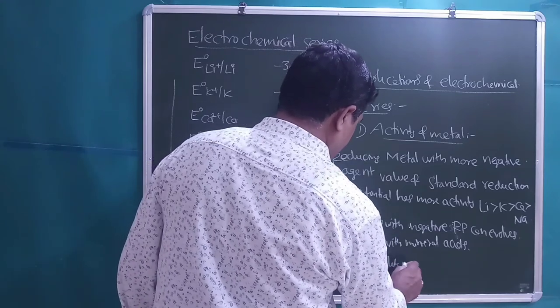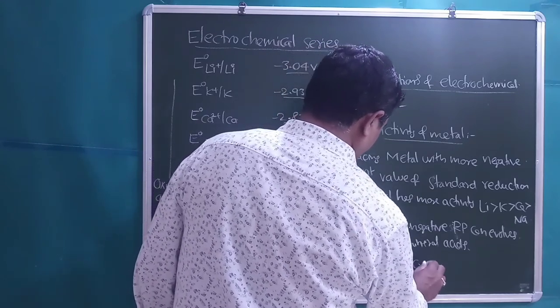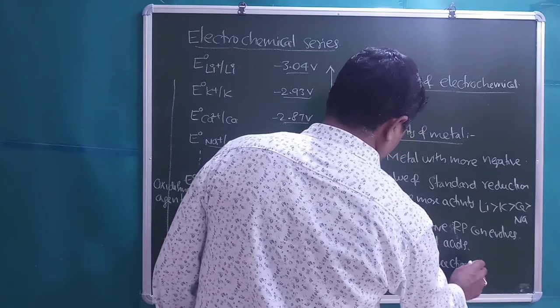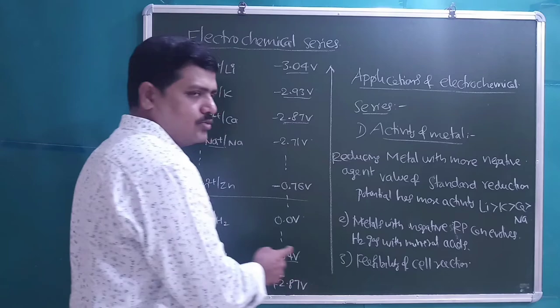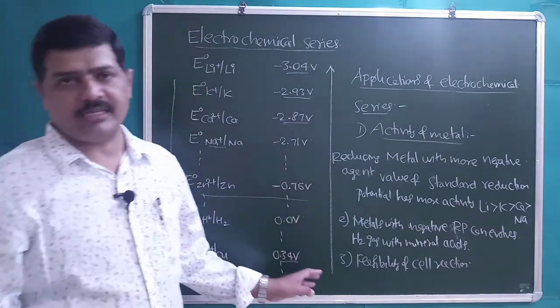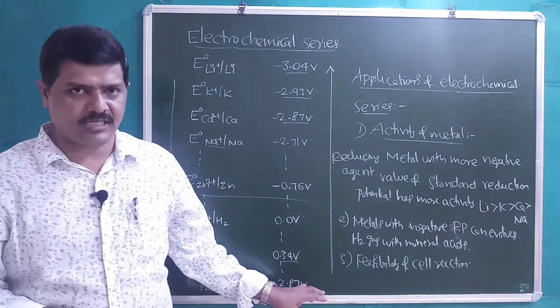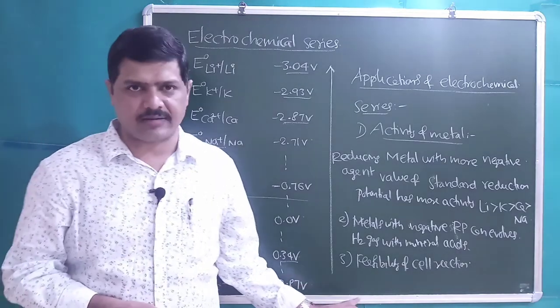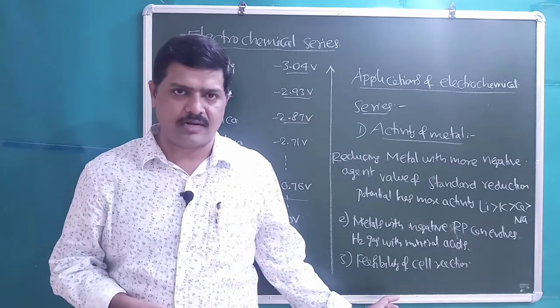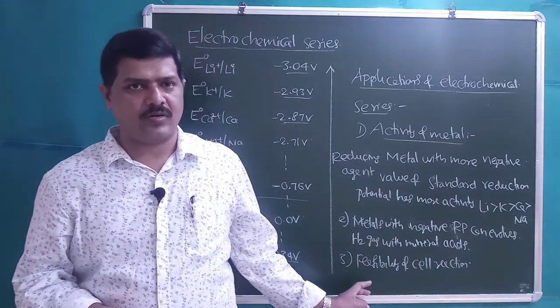Feasibility of cell reaction, we can also calculate. If we are coupling two metal electrodes, then the metal electrode which has more negative reduction potential should undergo oxidation. The one with less negative standard reduction potential should undergo reduction.